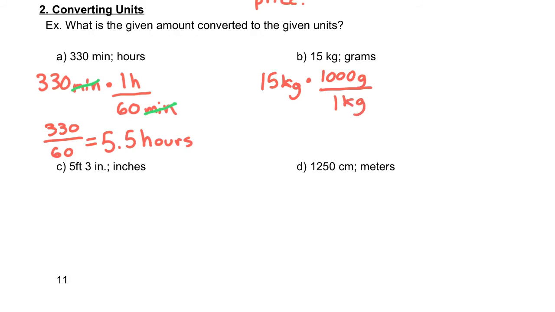And again, I put kilograms on the bottom because those are common units and they divide out. So I would do 15 times 1,000, which would be 15,000 divided by 1. 15,000 divided by 1, this would be 15,000 grams. And that's converted. So you think you're going from a larger unit of measure to a smaller unit of measure.